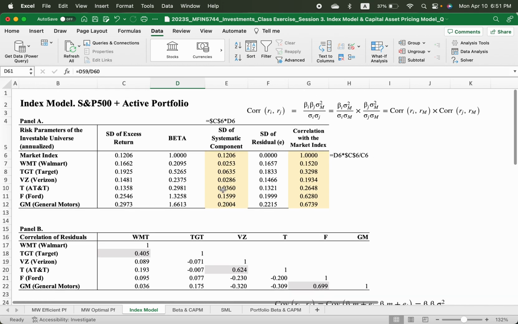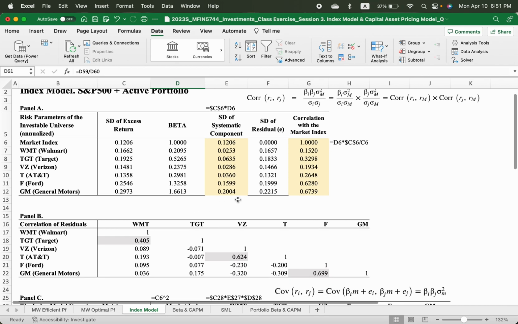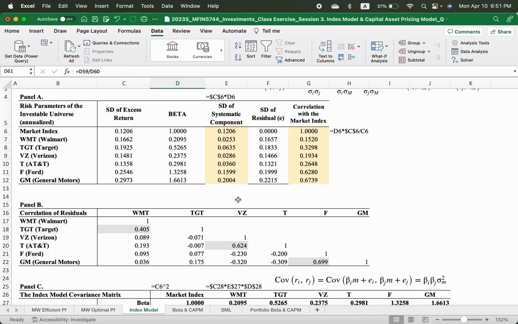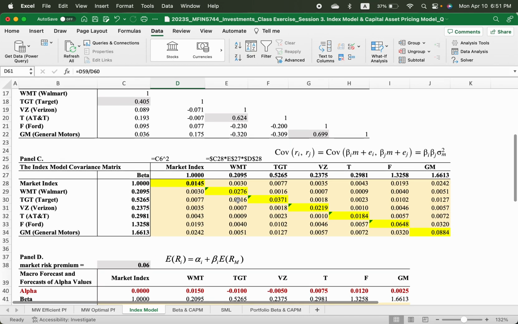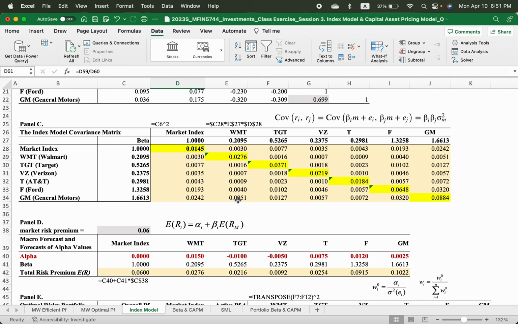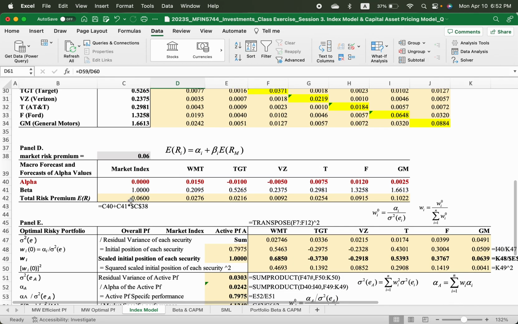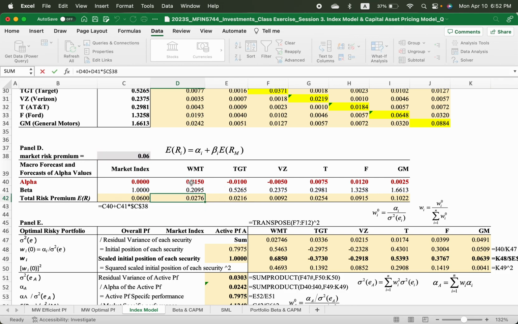Again, the starting point is understanding these risk parameters related to the market. Understanding the standard deviation of the systematic component, and then also the standard deviation of the residual part that represents the active portfolio, right? Once we calculate the covariances here, now we also understand this risk premium from this alpha, the given.